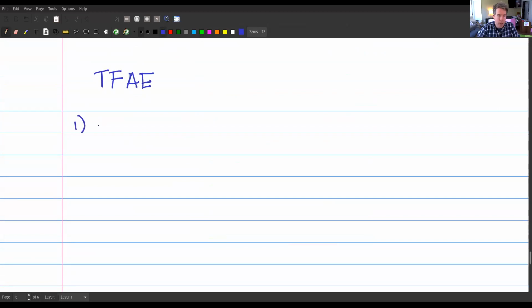One, that p is secret. Two, q is secret. I'm assuming the public information here is n and e. Everybody gets to know what n and e are. And phi of n is secret.